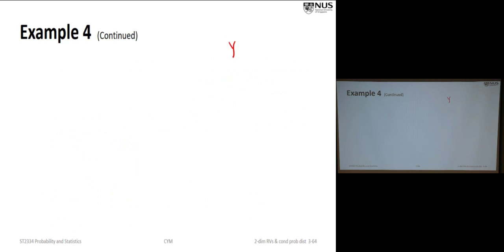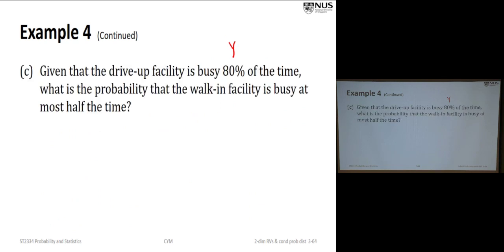So we have x equal to 0.8. Remember, 80% means 0.8. All right, so x equals 0.8, and then y is that the walk-in facility is busy at most half of the time. So we are asked to find this probability, a conditional probability.